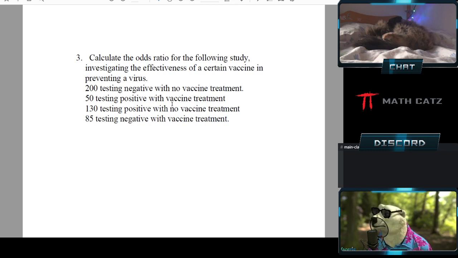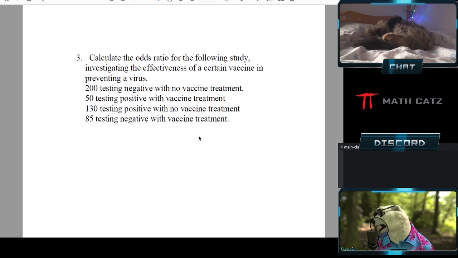That's also possible because the vaccines aren't perfect, right? 130 had the virus and they didn't get a vaccine treatment. 85 tested negative, so no virus, even though they got the vaccine treatment.